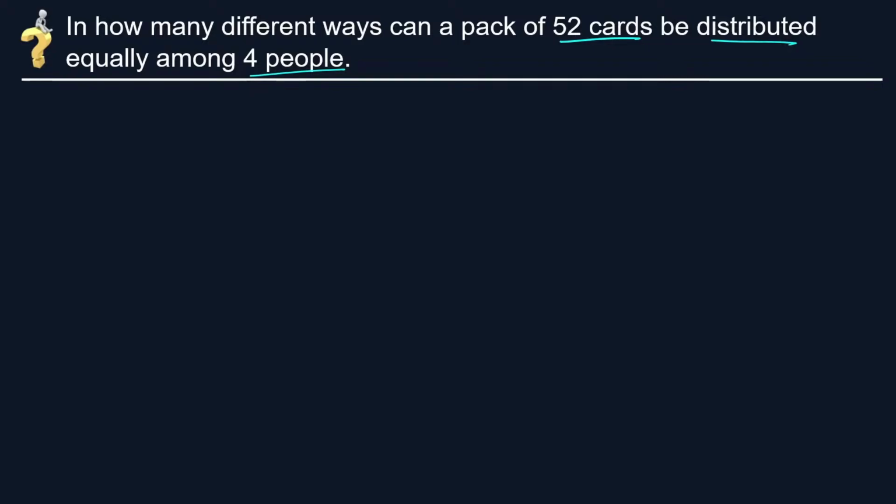That is, we have to form 4 groups which will contain an equal number of cards. So each group will have 13 cards. So what will be the total number of ways of forming these groups? It will be factorial 52 divided by factorial 13 into factorial 13 into factorial 13 into factorial 13.